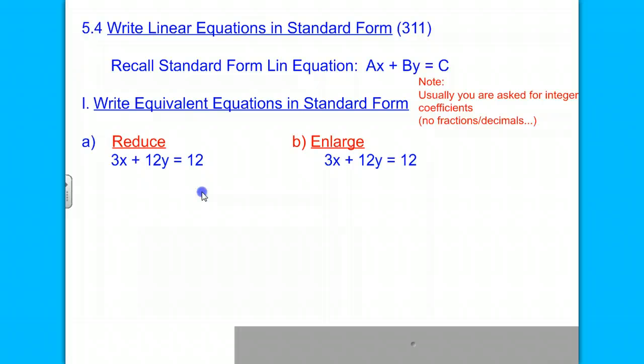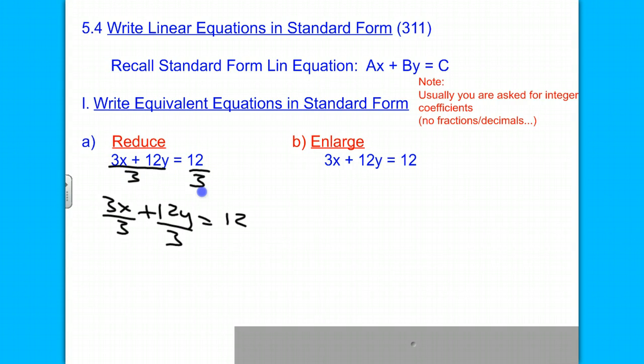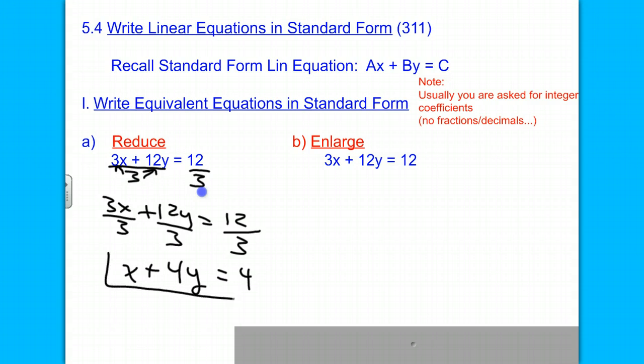Lauren? We can divide both sides by 3, she says. Okay, good. And when you divide both sides by 3, you're really dividing every single term. We could write that as 3x over 3 plus 12y over 3 equals 12 over 3. We're distributing this division. Okay? And so, Lauren, give us the simplified equation then. x plus 4y equals 4. There it is.